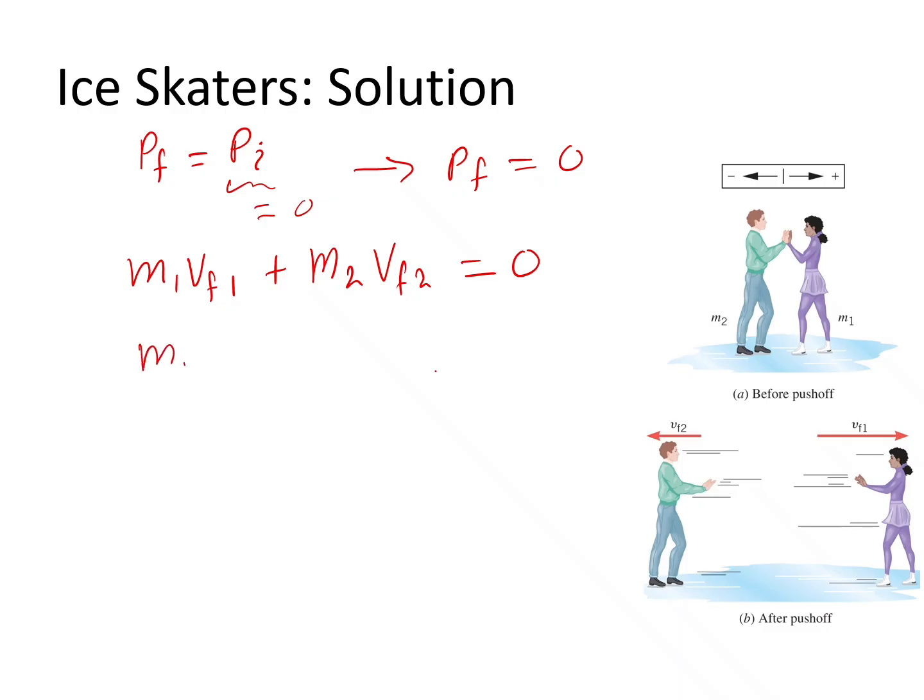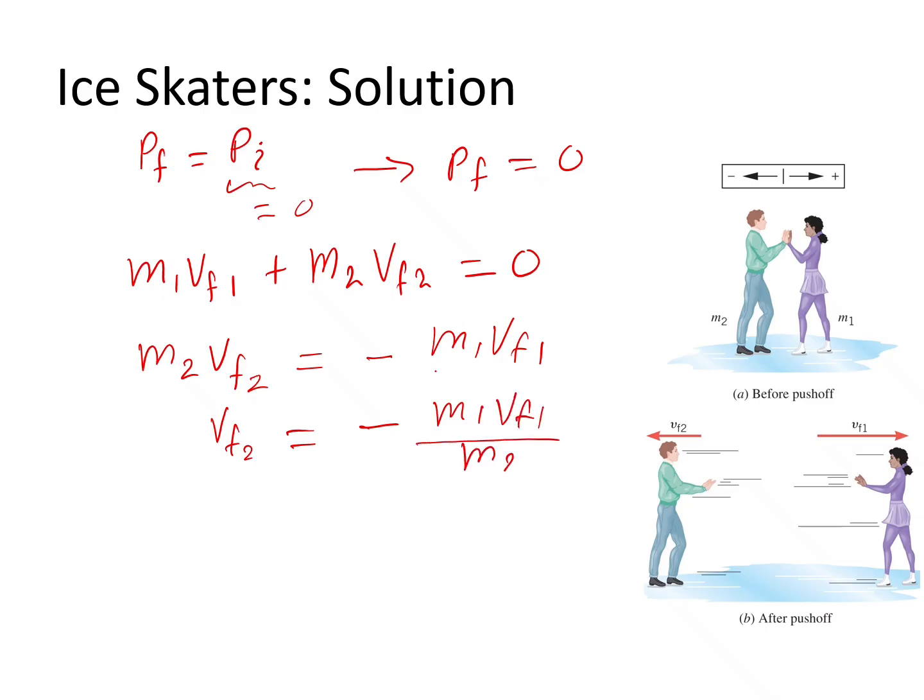We get m2 v_f2 equals negative m1 v_f1, and then we can divide both sides by m2. We find v_f2 equals negative m1 v_f1 divided by m2.